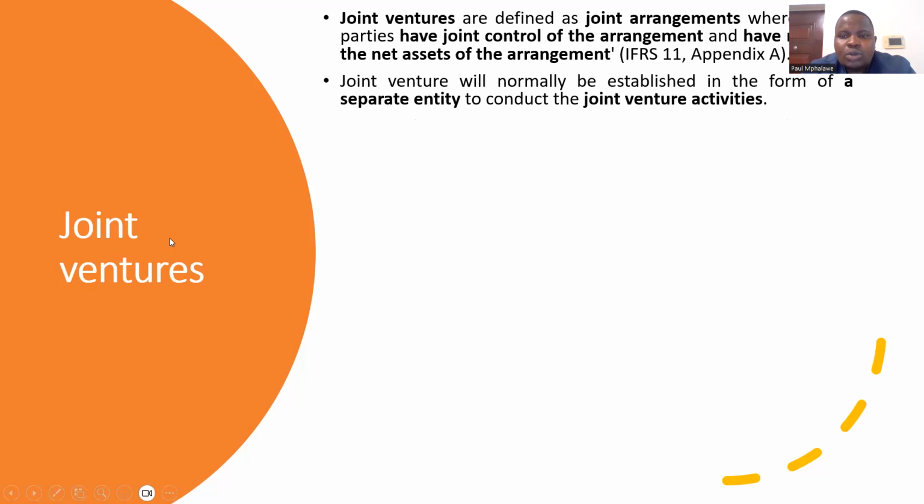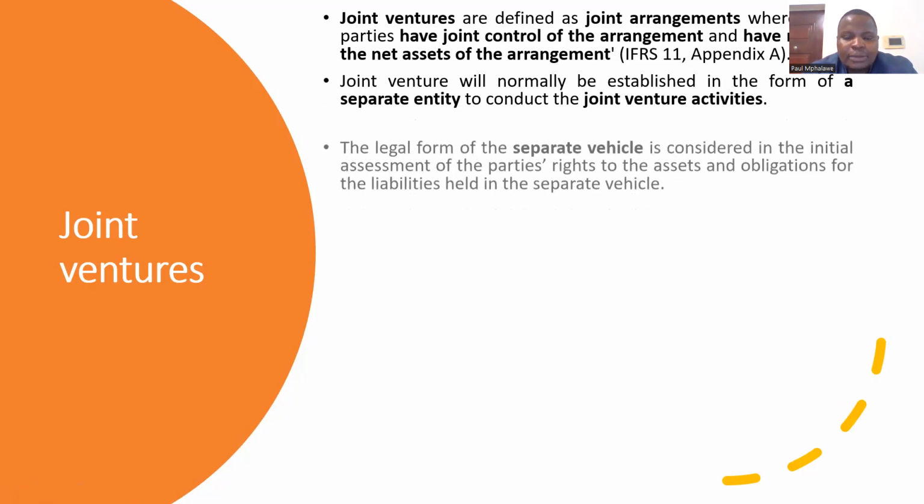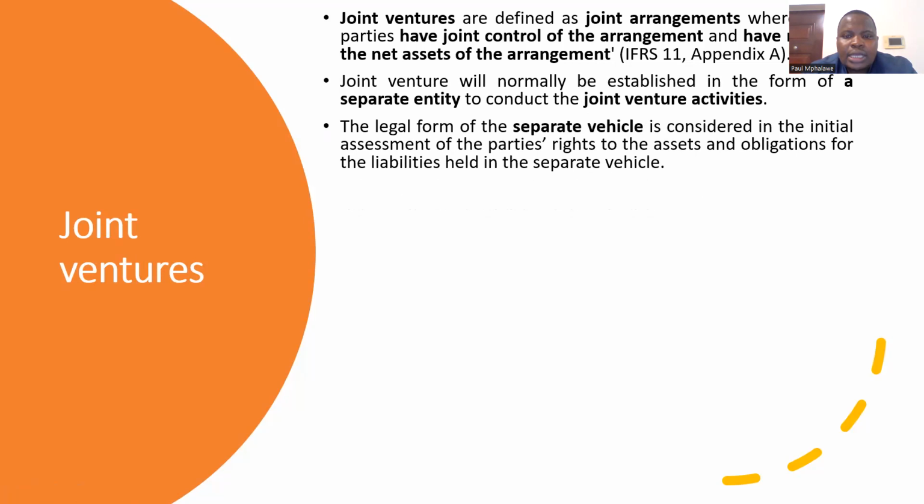So joint ventures will normally be established in the form of a separate entity to conduct joint venture activities. This special entity can be regarded as a legal name, a persona. Okay, we'll look at examples. So the legal form of the separate vehicle is considered in the initial assessment of the parties' rights to the assets and obligations for the liabilities held in the separate vehicle.